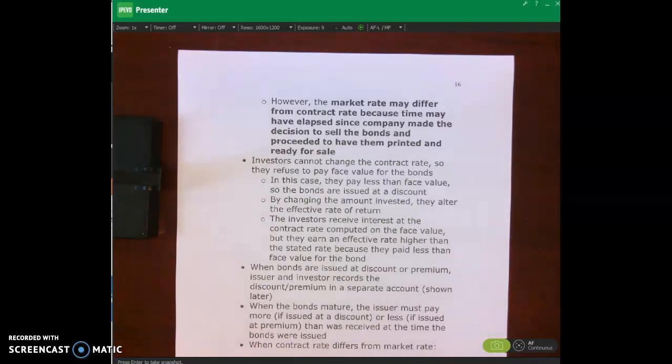So other companies that are getting ready to issue their bonds similar to yours, they're paying 10%. You only pay 9%. You are paying less than the market.